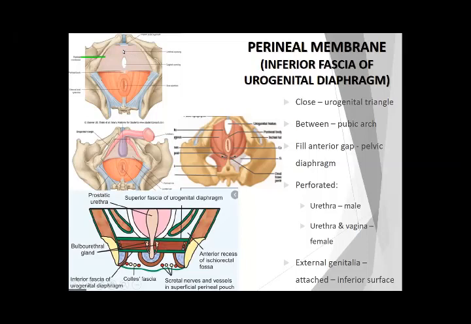Anteriorly is the urethra in the males. In the males, there is just one opening. So the perineal membrane in the males is perforated by one opening, which is the urethra.